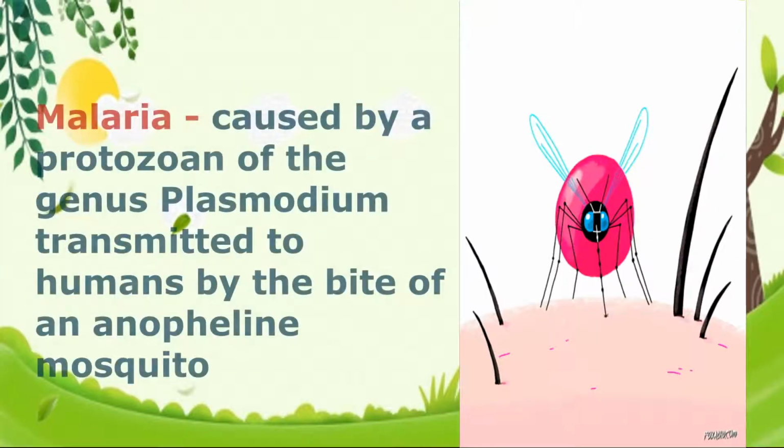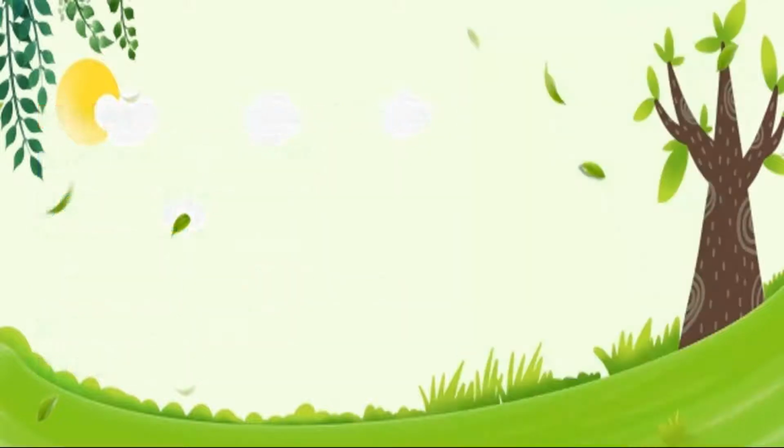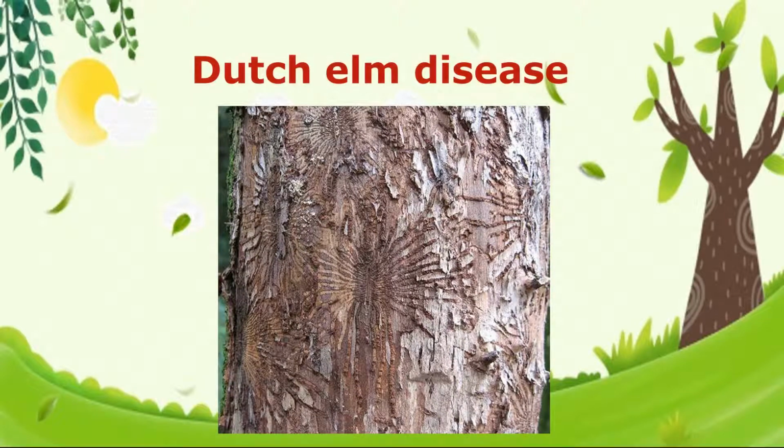Malaria, which is caused by a protozoan of the genus Plasmodium, transmitted to humans by the bite of an Anopheline mosquito, is an example of this interaction. Another is the plant ailment known as Dutch elm disease, caused by the fungus Ceratocystis ulmi, which can be spread by the European elm bark beetle.